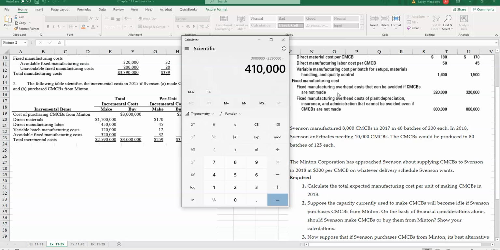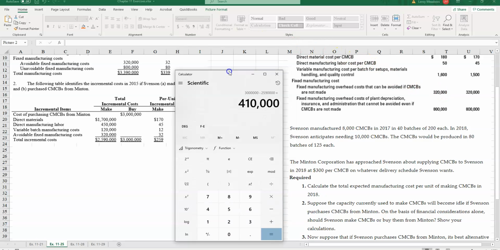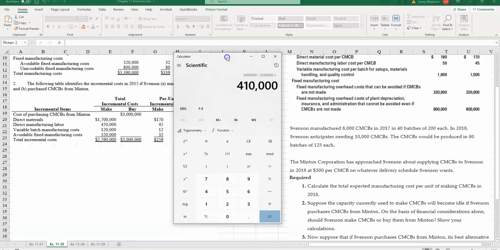There are situations where some variable costs are not going to be relevant to the decision-making process, and there are times where fixed manufacturing costs are going to be relevant. We saw an illustration of that here, where we can avoid $320,000 worth of fixed costs if we decide to outsource production to the Minton Corporation.